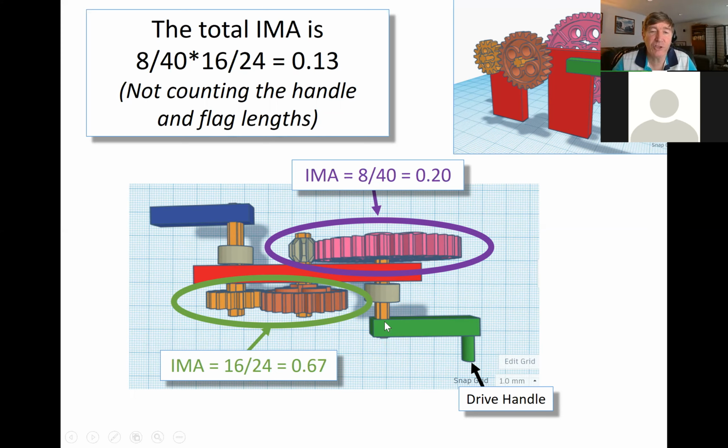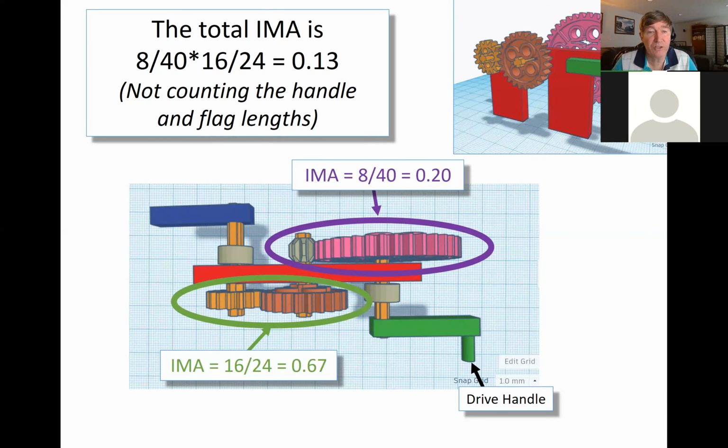So if I take this shaft right here and connect it to an electric motor, and it puts out a certain amount of torque, then the torque on the output shaft here is only going to be 13% of what my input torque was. So it's not multiplying my force. Let me rephrase that: it's not increasing the torque, it's decreasing the torque.